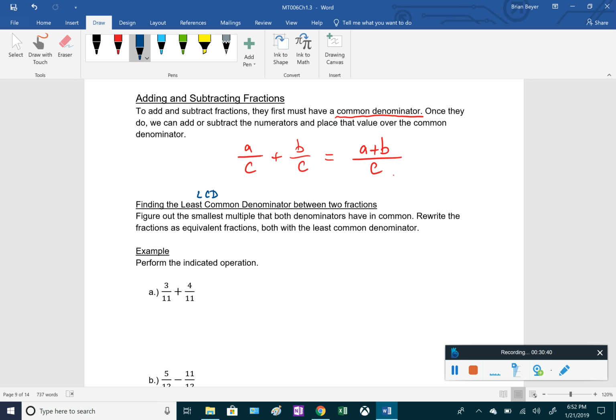The least common denominator is going to be the least common multiple between the denominators. So we're going to find the smallest multiple that both denominators have in common, and then we're going to rewrite the fractions as equivalent fractions so they have the least common denominator. So we're going to have to multiply the numerator and denominator by the same value to get that common denominator.